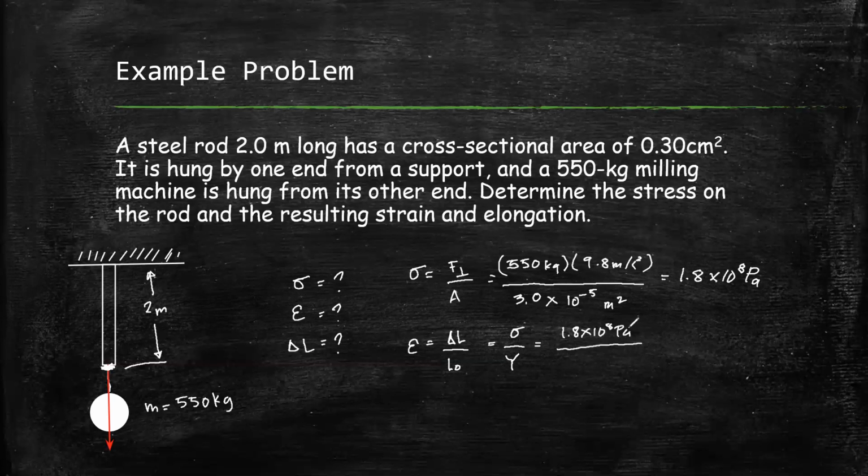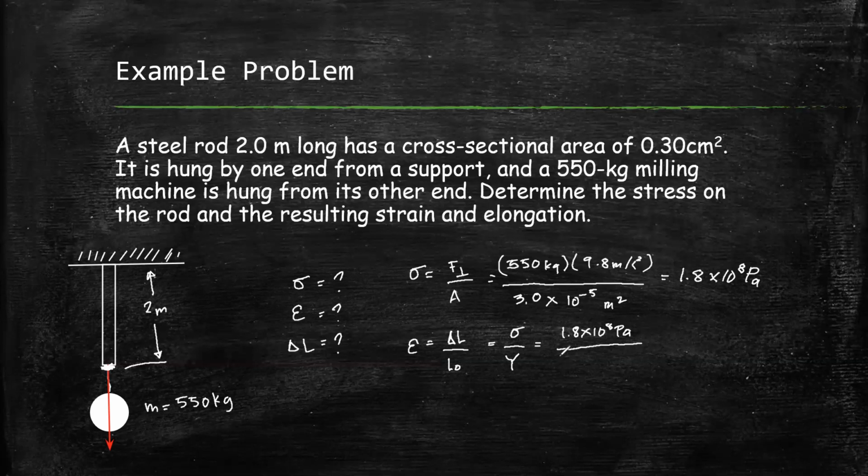And what will be the value of our Young's modulus? So you can try to search it on the internet and you can find the specific value of the Young's modulus of a steel material. So each material has its own value of Young's modulus.